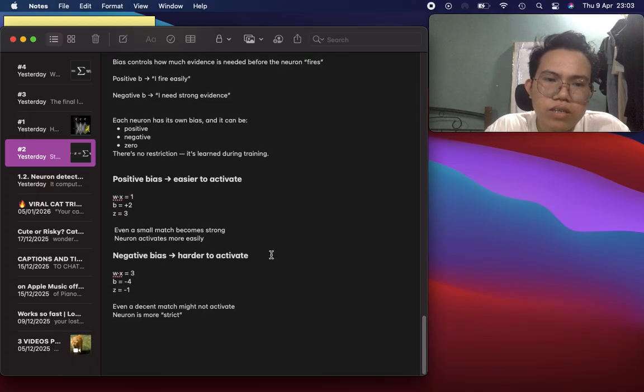So positive bias is easier to activate, like this one. If we have the weight times features of one, and we have a bias of two, even a small match becomes strong. The neuron activates more easily. For example, if we have a negative bias, it's harder to activate.